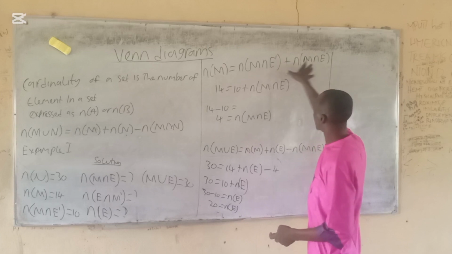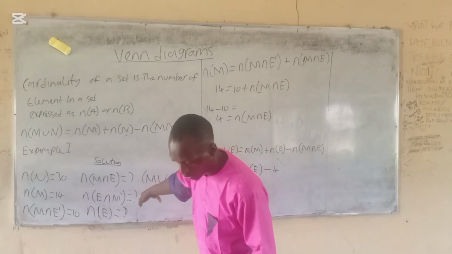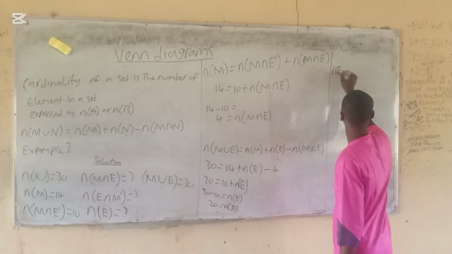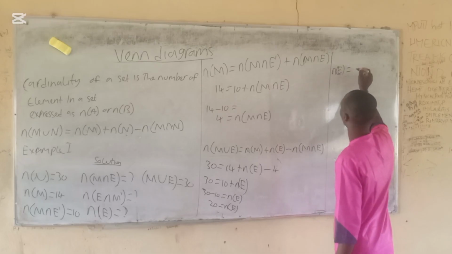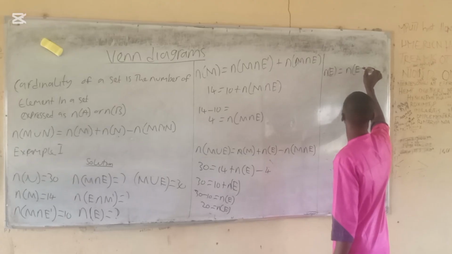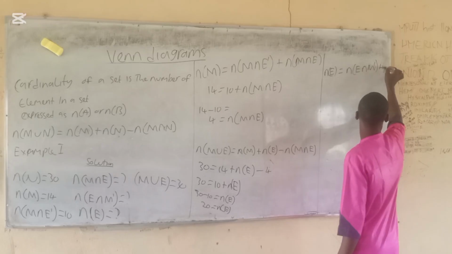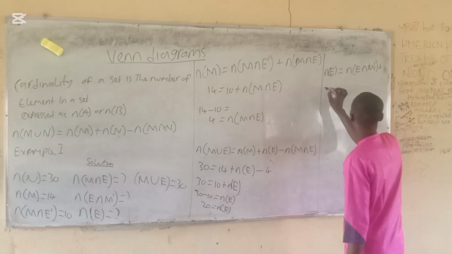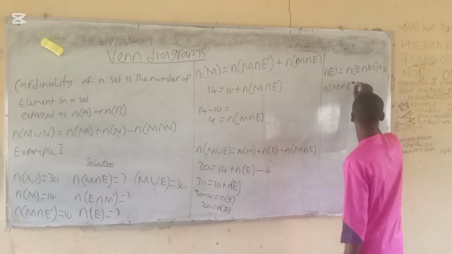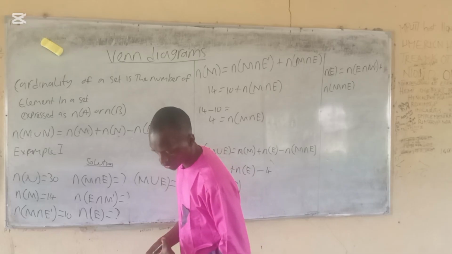This is the same formula we also use to find people that study only economics. Number of E is equal to number of E intersect N prime plus number of N intersect E. You look at it, we have all our variables there, right?